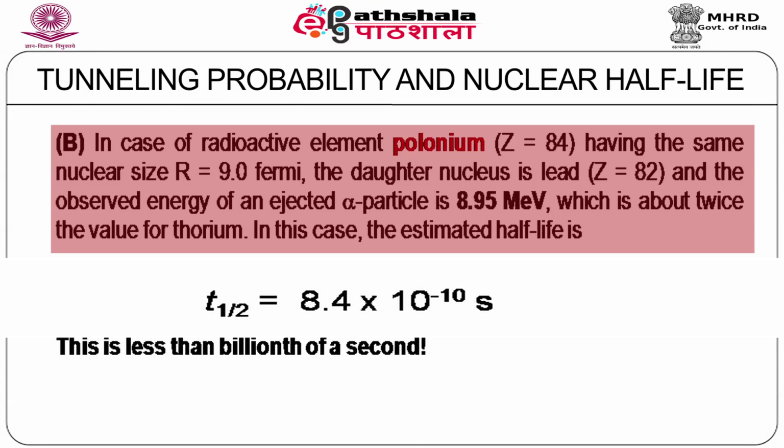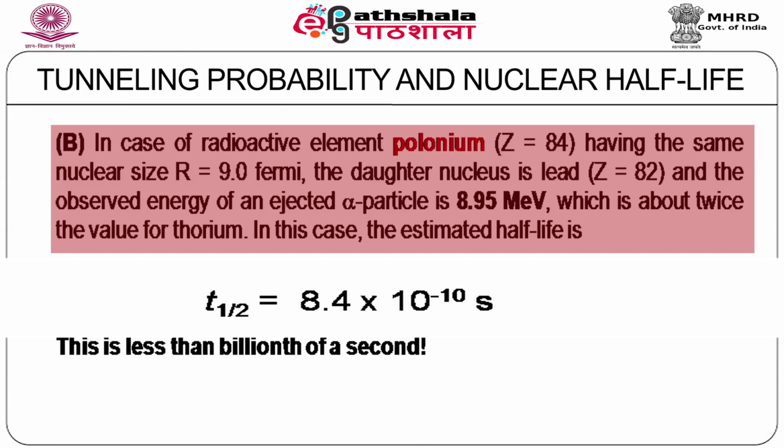In the case of radioactive element polonium, having the same nuclear size, the daughter nucleus is lead, and the observed energy of an ejected alpha particle is found to be 8.95 MeV, which is about twice the value for thorium. You see, for thorium it is 4 MeV, and here the energy is about 9 MeV.